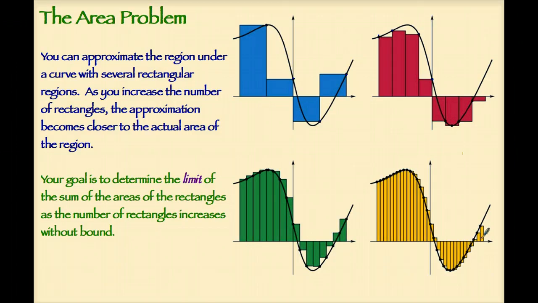How do we do that? How do we increase the number of rectangles to infinity? Through the limiting process. The idea here is that now these widths on the x-axis would be virtual widths.